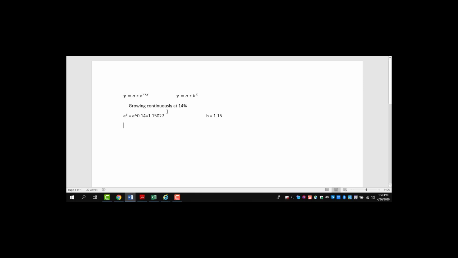R is going to be the decimal equivalent of the continuous growth rate. So let's just do another one. Let's do increase by 12% continuously. I'm going to type that in. Good thing I spell check.